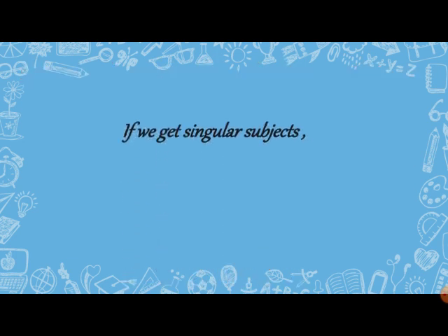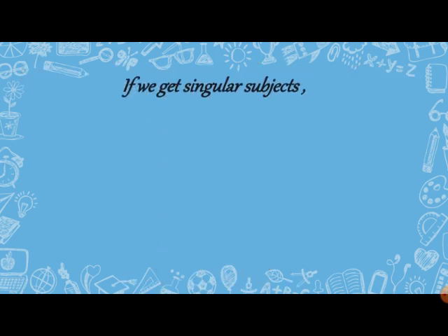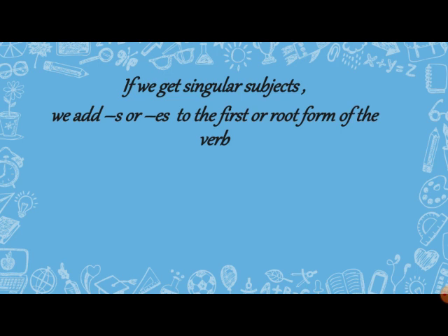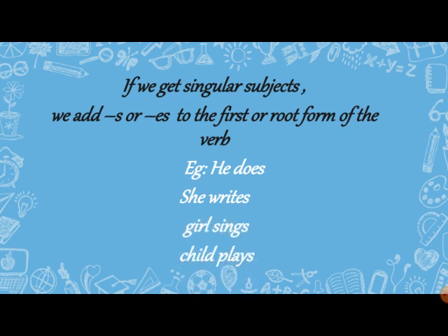But if your subject is singular, we add s or es to the first or root form of the verb. For example, he does, she writes, girl sings, child plays. So she, girl, child is in a singular form and they get a singular verb.